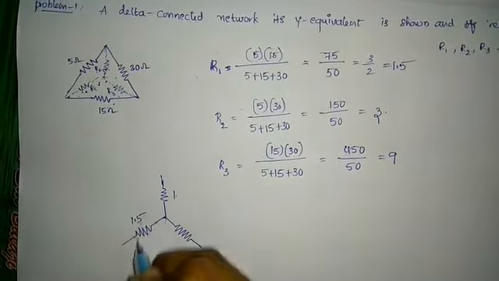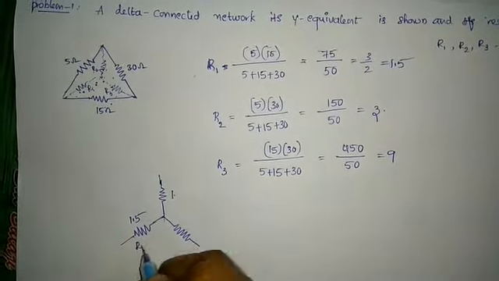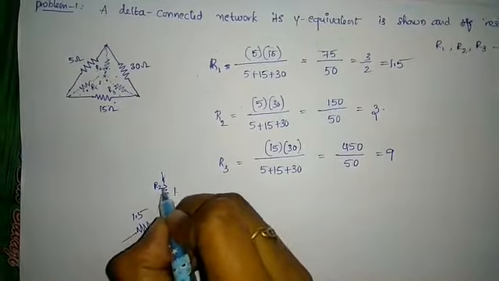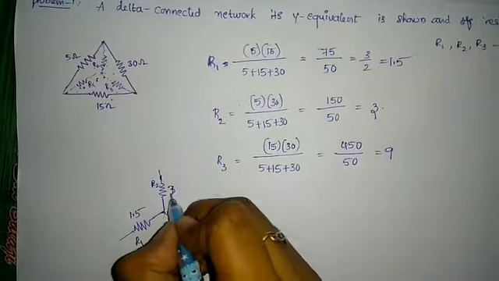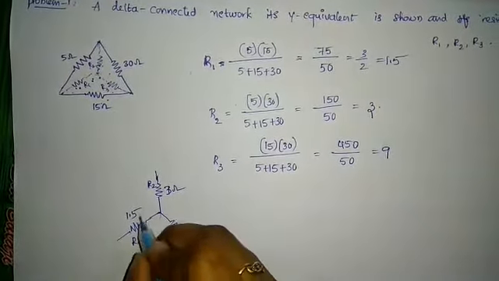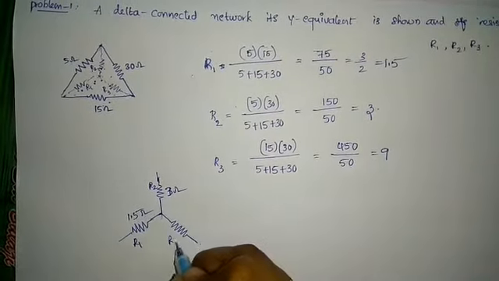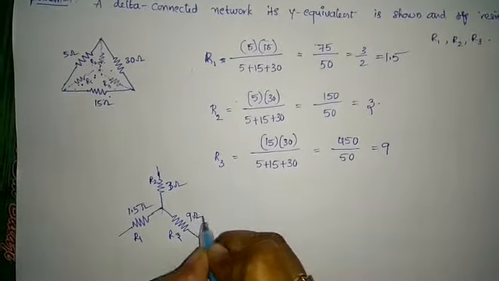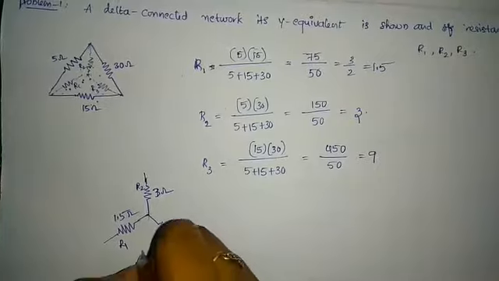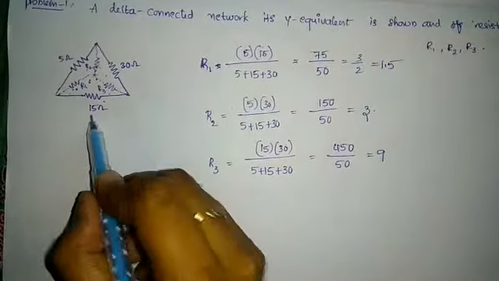Sorry, this is R1 and this is R2, that is 3 ohms, and this is R3 with 9 ohms. This is the equivalent Y network for the given delta network.